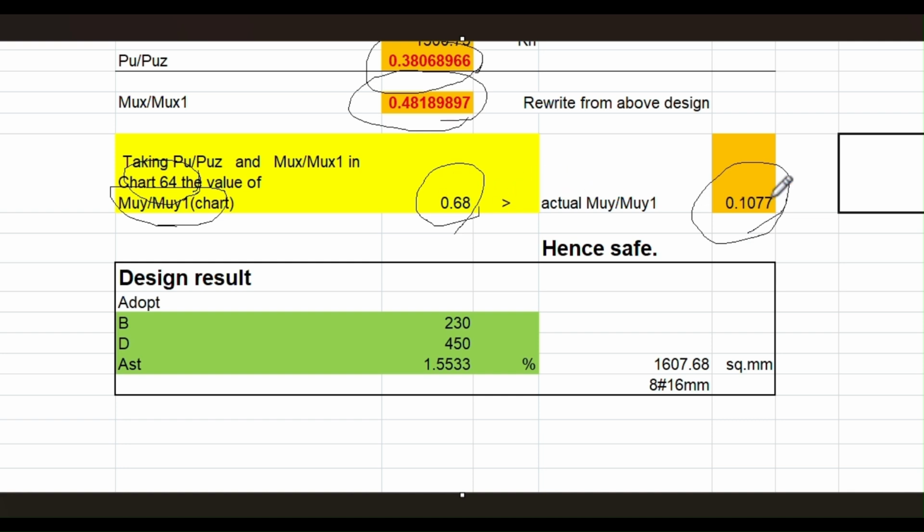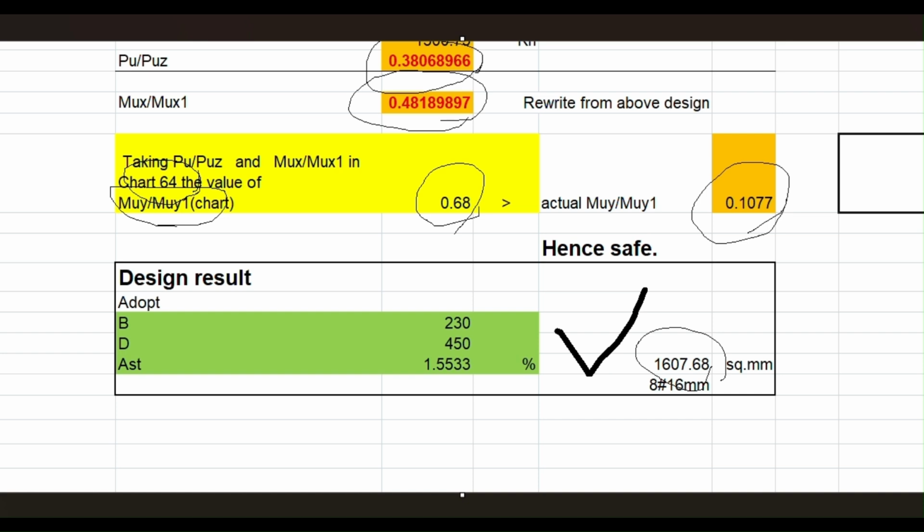So the arrived value is more than the actual value. So the column is perfectly safe. Hence the adopted value of b is 230, depth is 450, percentage of reinforcement is 1.55%, that is 8 numbers of bars, which is perfectly okay.